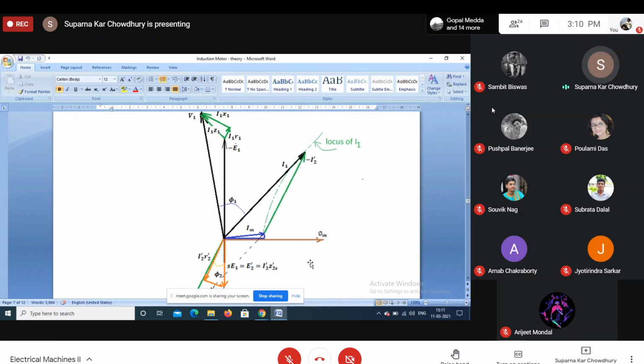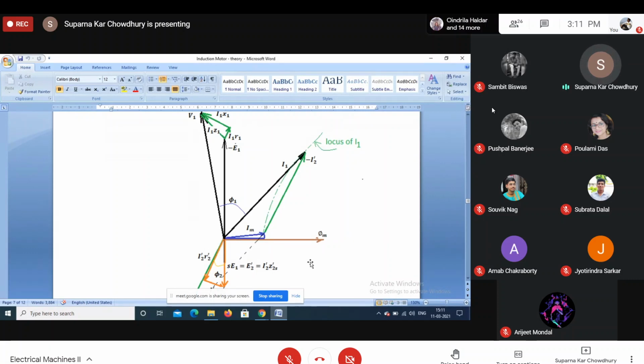So now the EMF will be induced in the rotor at some other frequency, which will be proportional to the speed difference between the synchronous speed and the rotor speed.